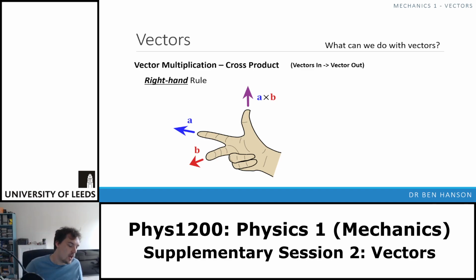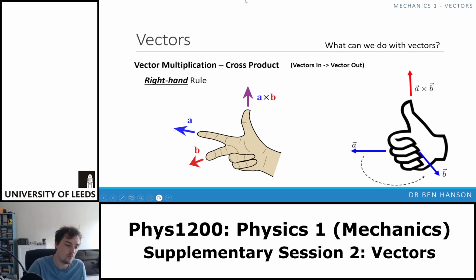A better one that I find a lot more useful, because I always forget which way round my fingers are for this one, is the corkscrew rule. It's something similar. You flatten your hand and point your fingers in the direction of the first vector, curl your hand round into the direction of the second, and then your thumb points in the direction of the third.